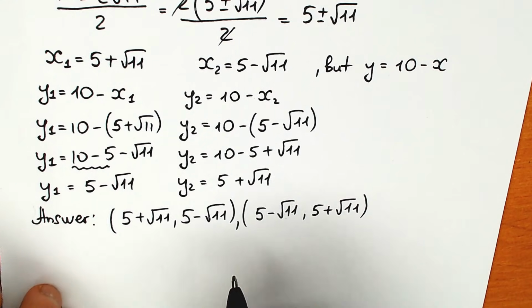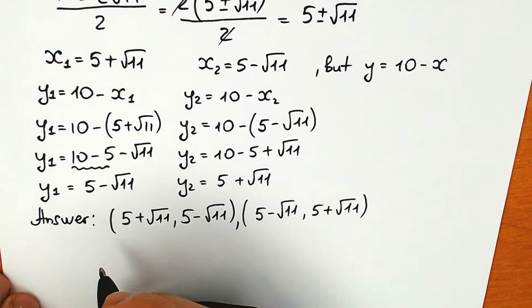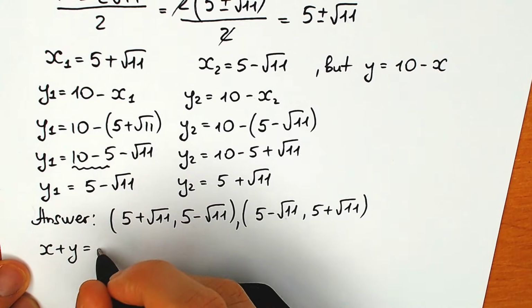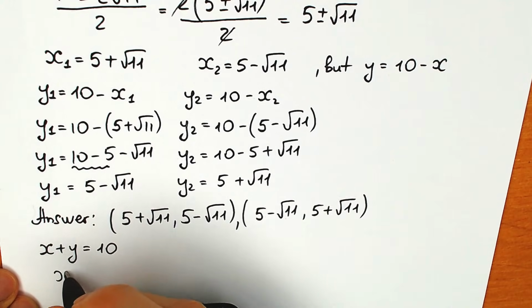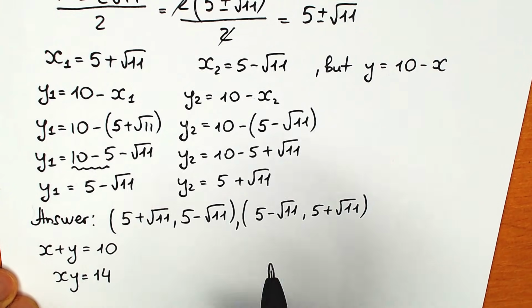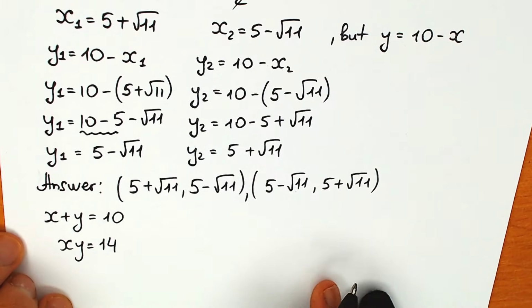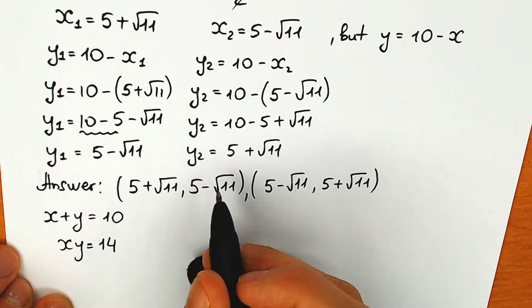So in the end, let's check our pairs, and we have really interesting situations because we have x plus y, this is our question from the beginning. We have x plus y equal to 10, and xy equal to 14. We have a really interesting situation because we have addition and multiplication, and according to mathematics, we don't need to check both of these answers.